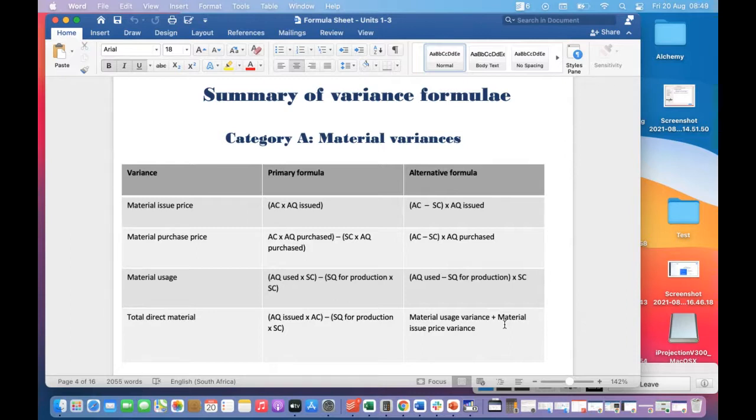So when we are checking the variance, we say actual was 3 Rand 25, budgeted was 3 Rand. The variance per unit is obviously 25 cents, times the number of units actually issued, in other words actually bought. Let's just say we bought 10, so the variance in terms of cost would be 2 Rand 50.